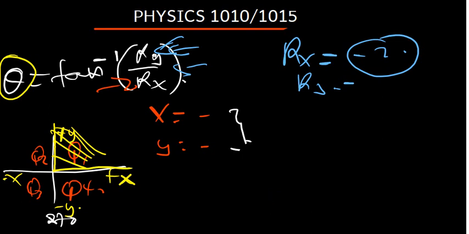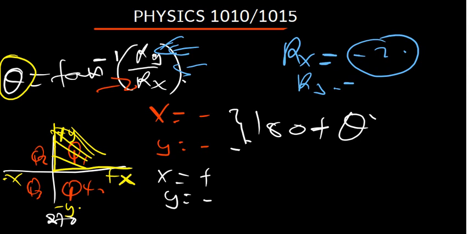Now here what we do is 180. We say 180 plus the theta if the angle falls in the third quadrant. Don't say 270 minus the theta. No, 180 plus the theta. That is the angle they are looking for. What if the x is positive and the y is negative? Where do we expect our angle to be?